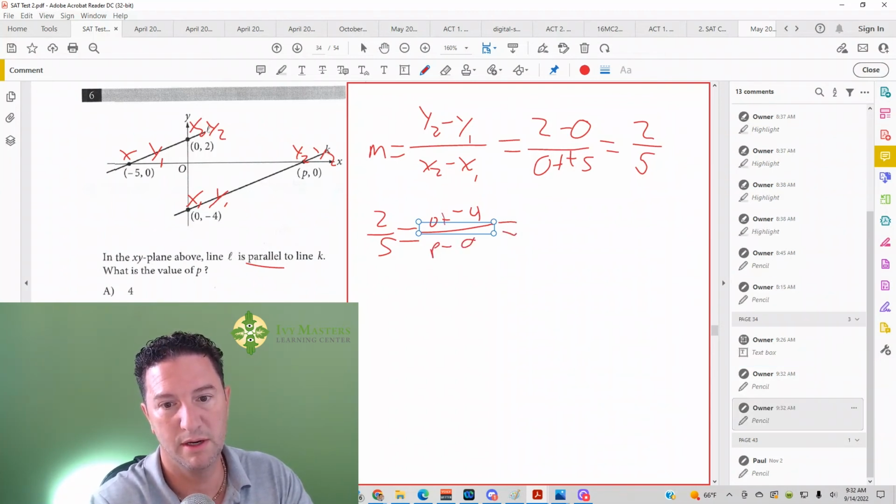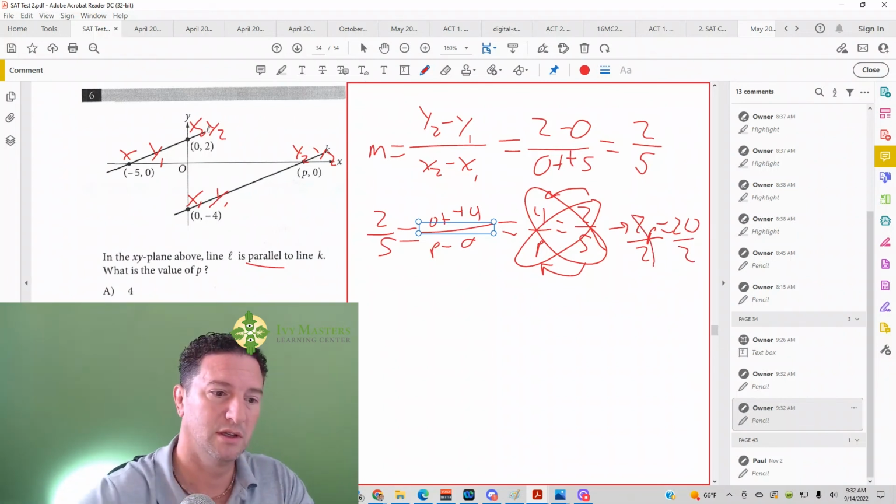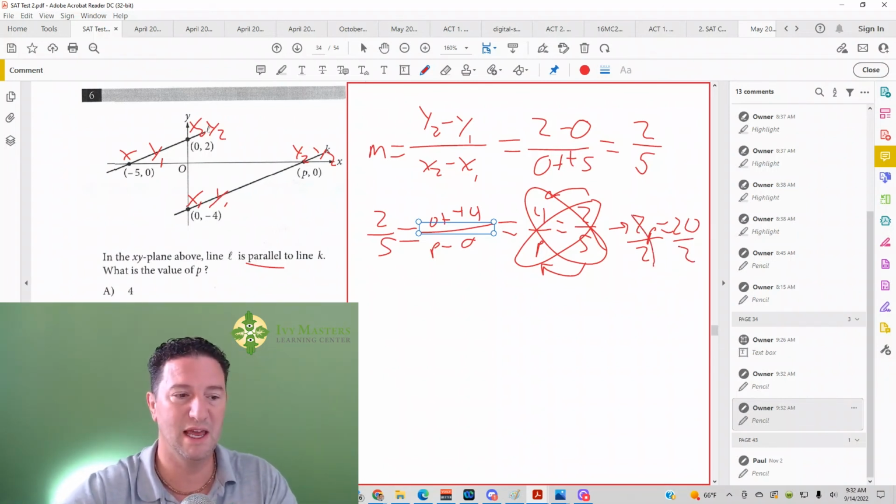And minus a negative is a positive, so you get 4 over p equals 2 over 5. You could just multiply by 2 to get your p, or you could cross multiply and set equal, in which case it's 2p equals 20. You divide both sides by 2, and once again you get your answer, which is 10.